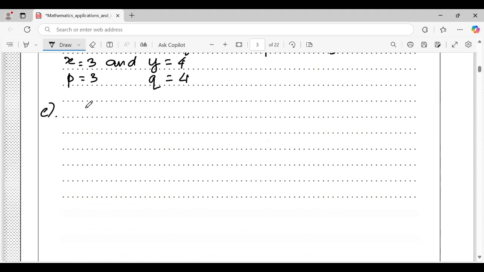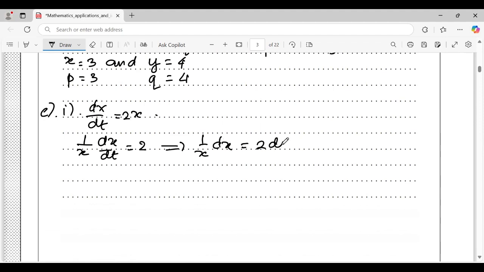See part 1. dx/dt equals 2x. So it means 1 over x dx/dt equals 2, or 1 over x dx equals 2 dt.